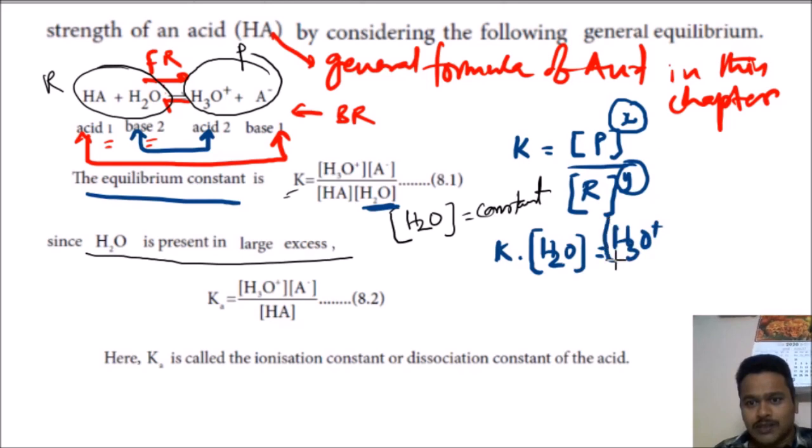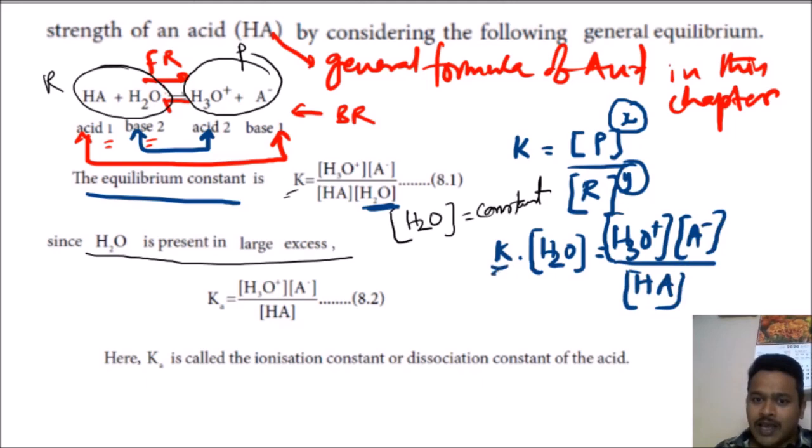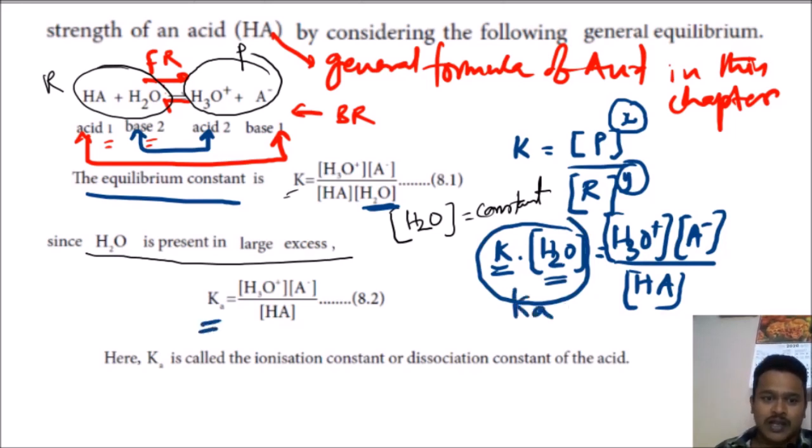H3O plus concentration into A minus by HA. Here K is also constant and H2O is also constant, both combined giving a new constant, that is Ka. So this is the expression: Ka is equal to H3O plus A minus by HA.